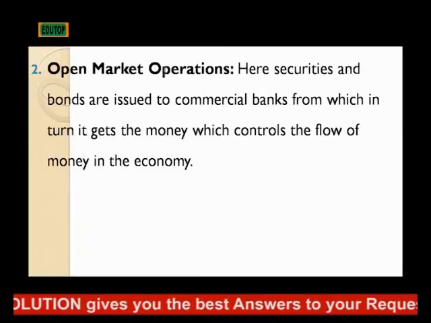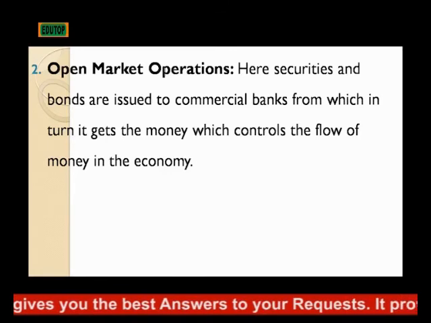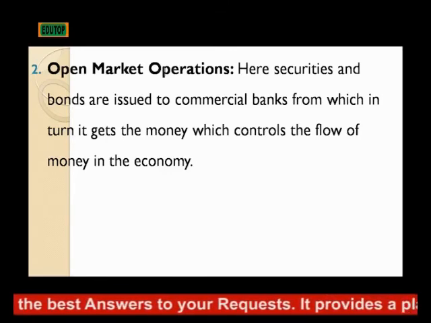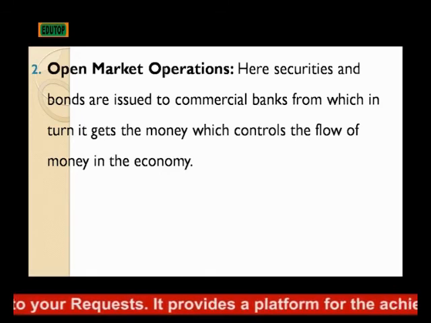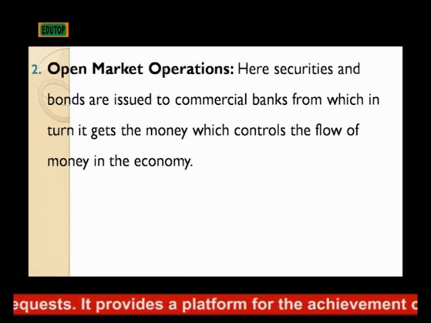Another one is open market operation. In open market operation, securities and bonds are issued to commercial banks, from which in turn it gets the money, which controls the flow of money in the economy.